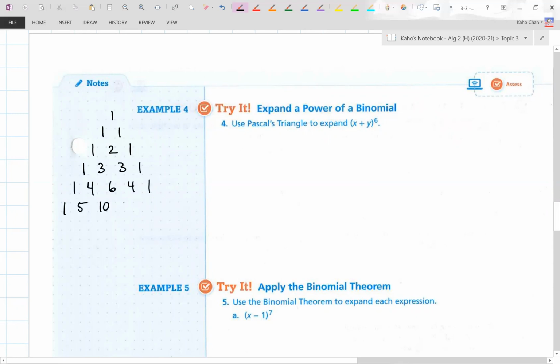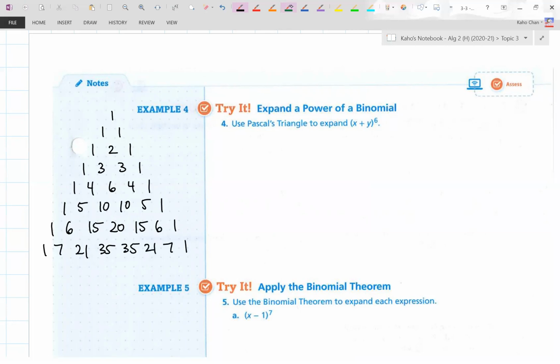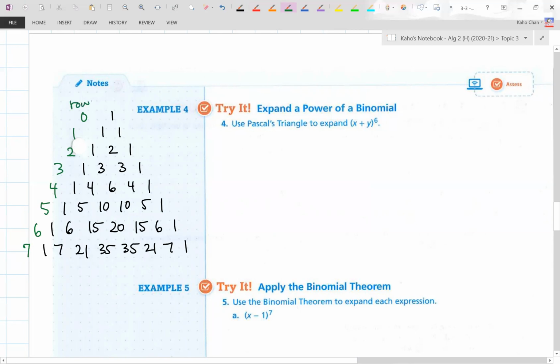This can be replicated very fast with very little memorization, except that we're just adding the previous 2 numbers above it. I'm going to go far enough to help us out with the next few examples. Those are the row numbers.